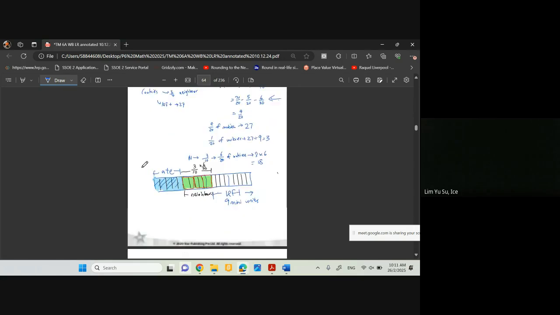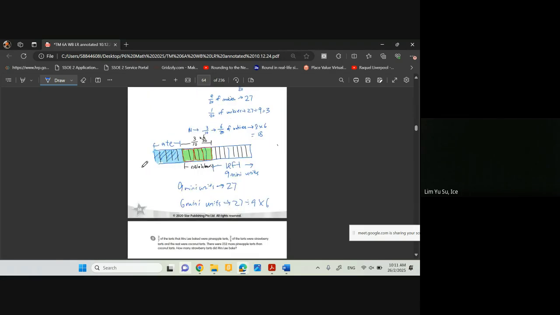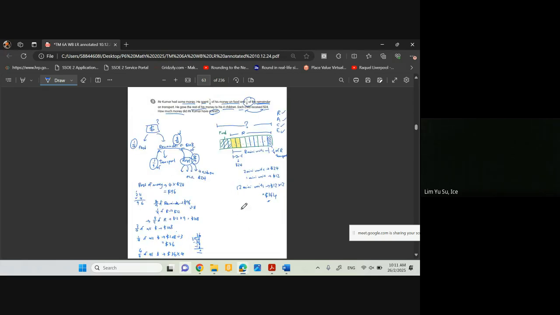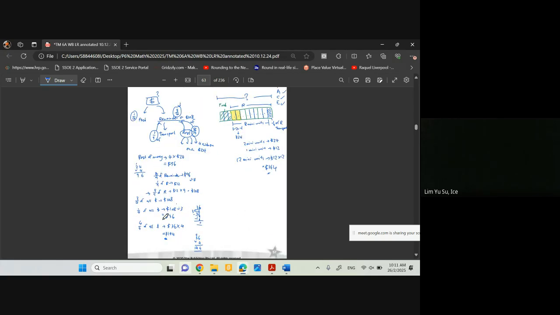If I did the model first, maybe you would prefer the model. So you really need to go back and think which one you prefer and which one you are confident of doing by yourself. Is that okay? Like the previous question, in the video I explain one model method and one equation method. You really need to go back and decide which one you like better.